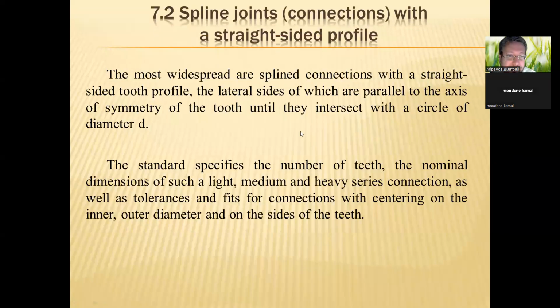The most widespread are splined connections with a straight-sided tooth profile, the lateral sides of which are parallel to the axis of symmetry of the tooth until they intersect with a circle of diameter d.